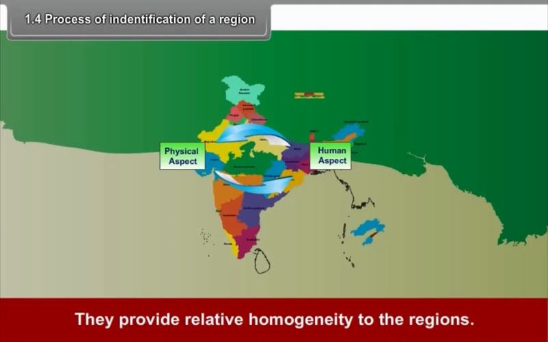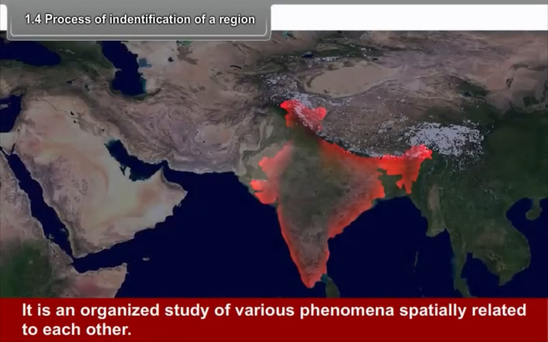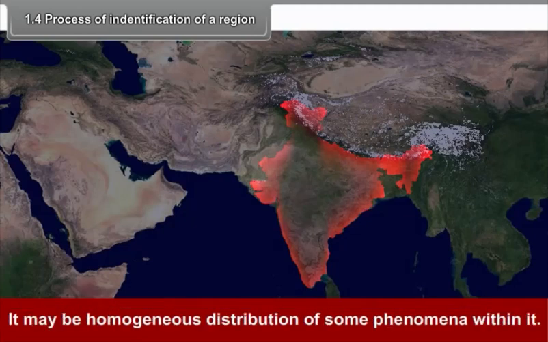They provide relative homogeneity to the regions. Homogeneity is the foundation of regional approach. It is an organized study of various phenomena spatially related to each other. It may be homogeneous distribution of some phenomena within it.